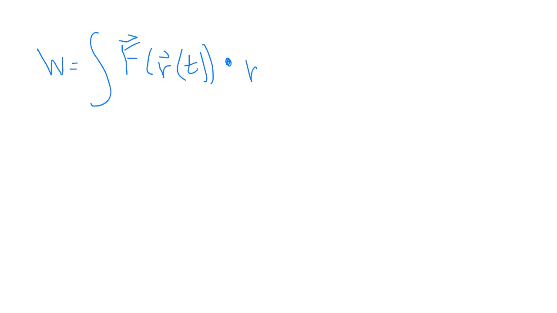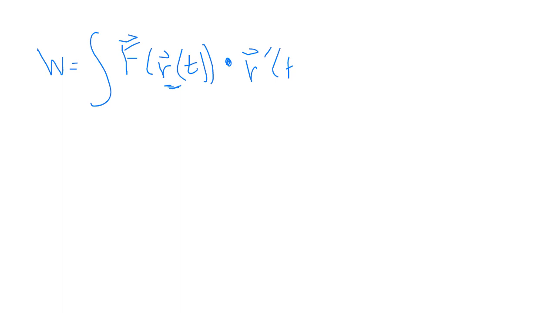So the work is equal to the integral of your vector field evaluated at the points, but the points are given by the position vector r of t, right?